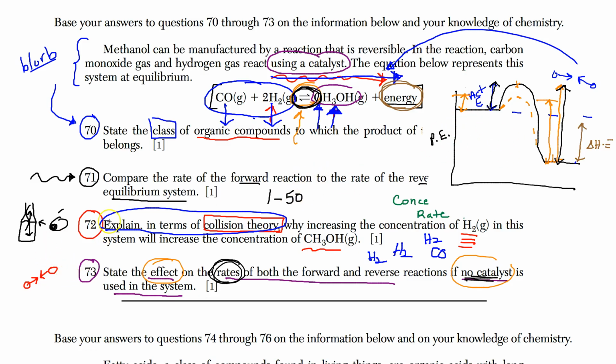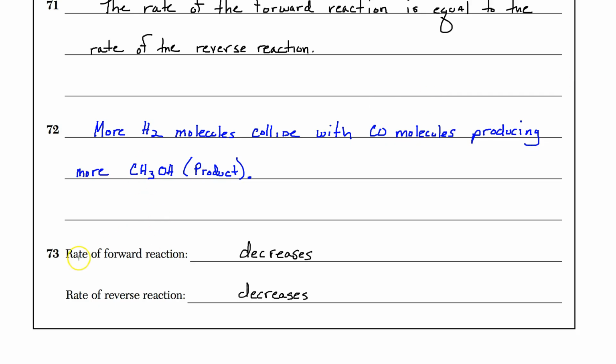Okay, so let's get that down into the answer booklet. So I said the rate of the forward decreases, the rate of reverse decreases. Of course, you can say slower. You didn't have to say that it decreases the same amount as I talked about, but that's something you should be aware of, that a catalyst doesn't really change equilibrium. It'll make the reaction get there faster. Without a catalyst, it'll get there slower in this case, but they will have the same rate of the forward and rate of reverse because you're lowering the activation energy for the forward and reverse the same amount.